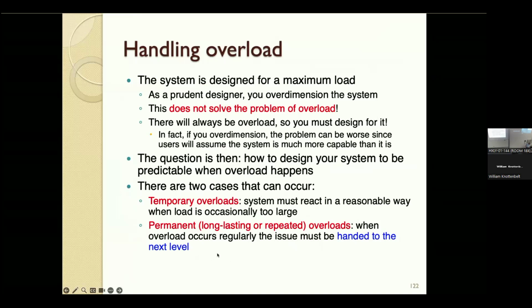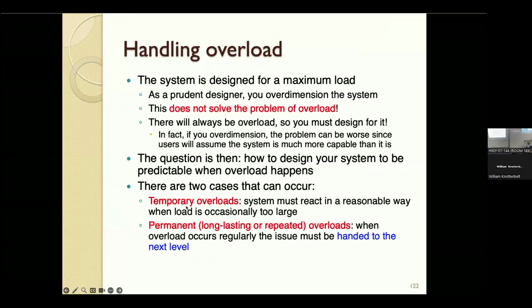If the overload happens too often, and there's no really formal definition, but if it's too recurrent, something has to be handled on another level. So you need a multi-level system to handle that. I'm going to talk about both of these.